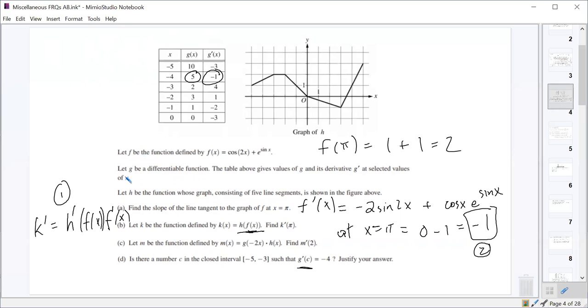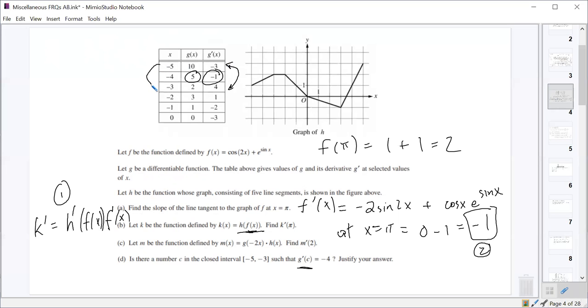Yeah, it should be. So let's see, what are we looking at? -5 to -3. So from -5 to -3, it went from -3 to 4 in G prime. Does that mean that it must have gone through -4? Nope, -4 is not in between there. So then, what's the other option?